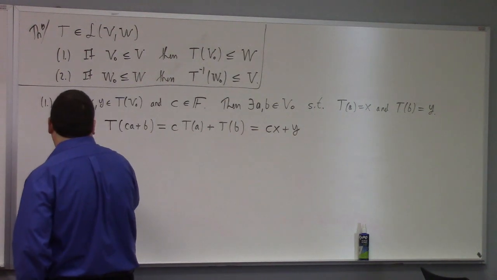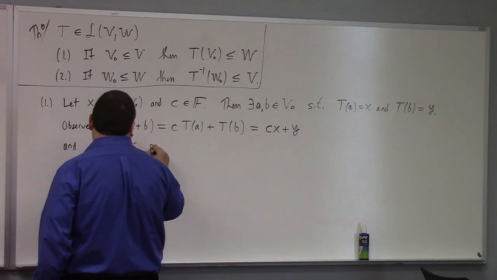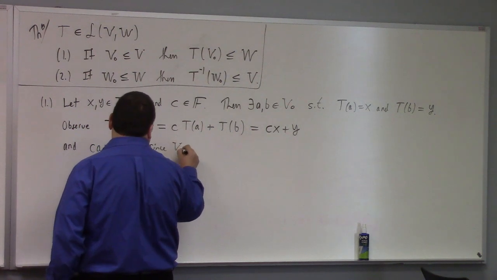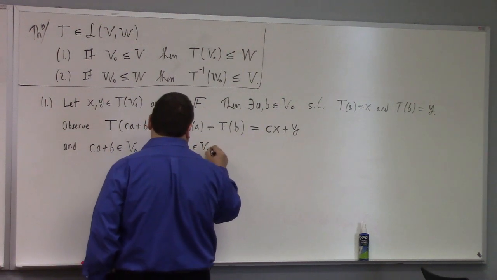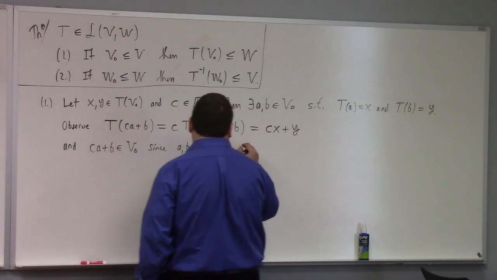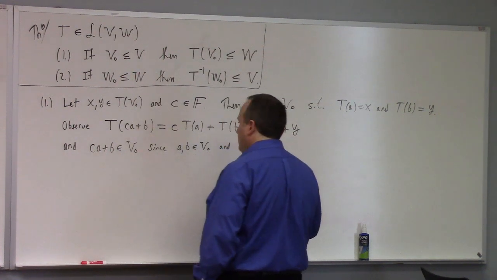Note that c a plus b is an element of V naught, since a and b are given to be elements of V naught, and V naught is a subspace of V.